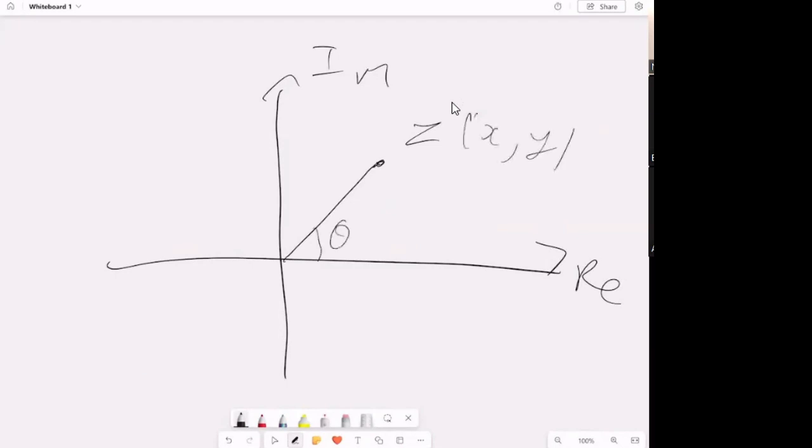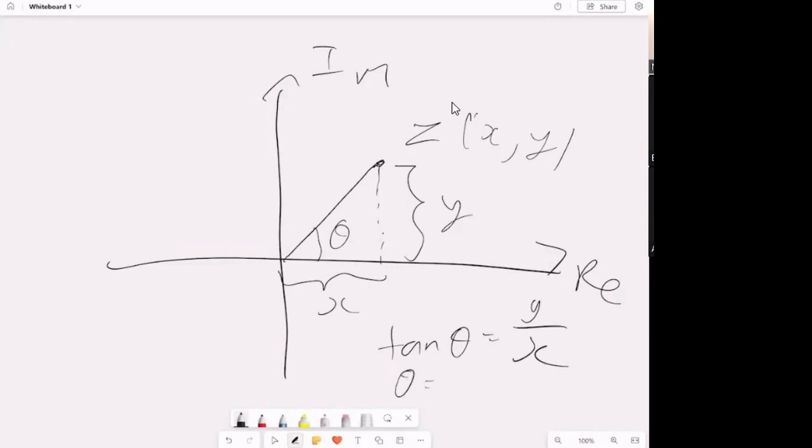And this is the angle it makes with the horizontal. So let's start with the simpler one first. This is y and this is x. If we want to find the argument, you can see that tangent theta equals y over x.